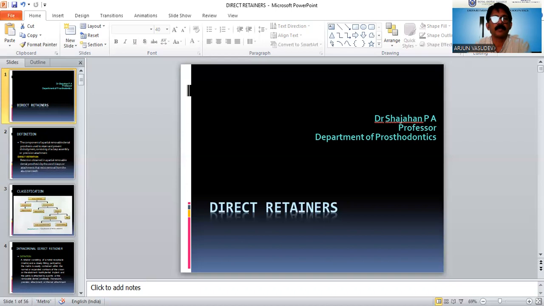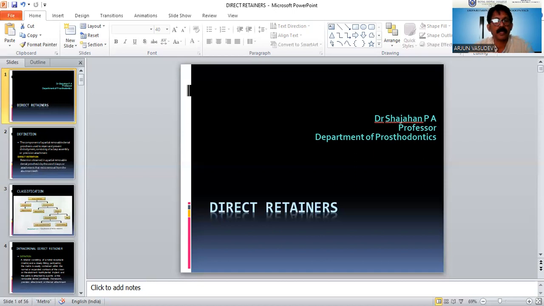Now we come to the reciprocal arm. Clasp arm is placed above the height of contour on the surface opposing the retentive arm. It resists lateral force exerted by a retentive terminal as it passes over the height of the contour during removal and insertion of the partial denture. Functions of reciprocal arm are: it reciprocates the action of retentive terminal and prevents orthodontic migration of the tooth.